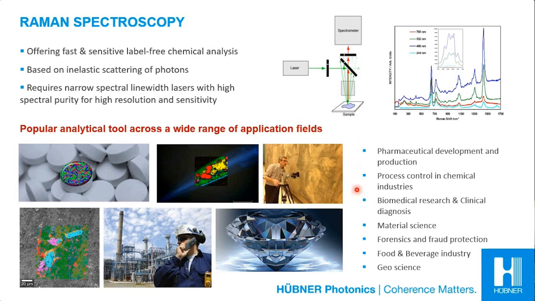For instance, for controlling the raw material and compound distribution in pharmaceuticals, for process control in petrochemical industries, in food and beverage production, and for forensic and fraud protection. It's also becoming more and more commonly used in biomedical research, and is paving its way into clinical diagnosis with capabilities for cancer tumor detection and classification.